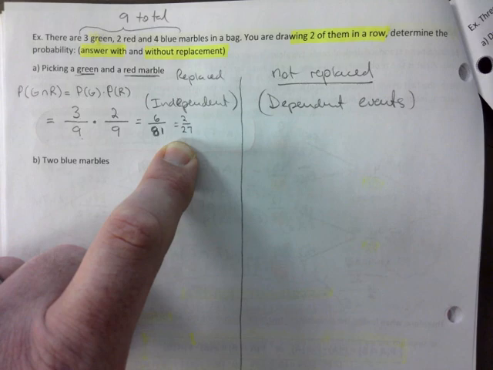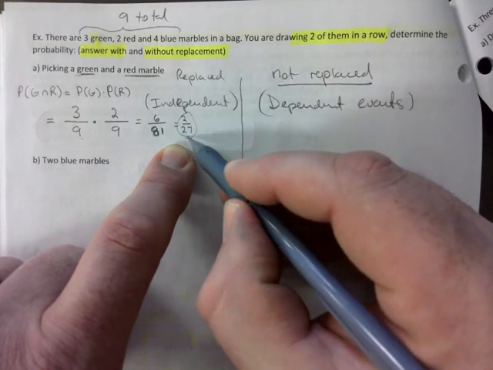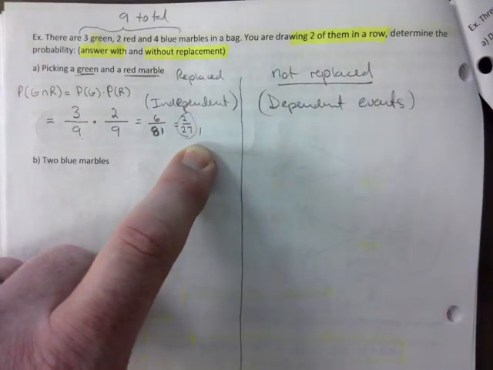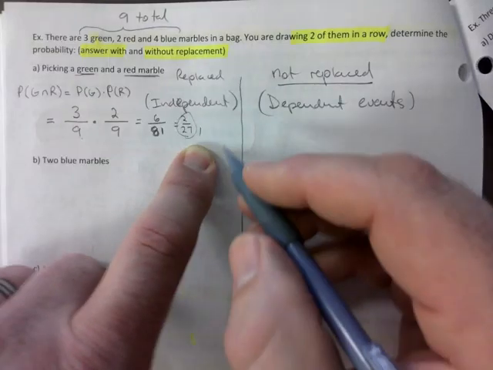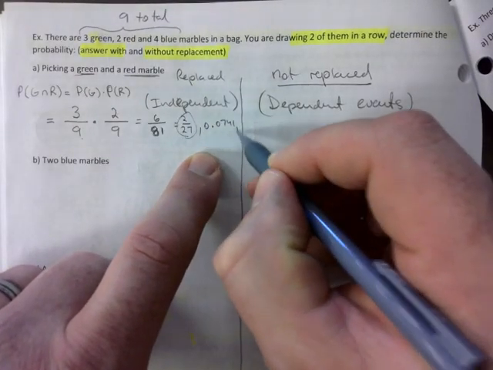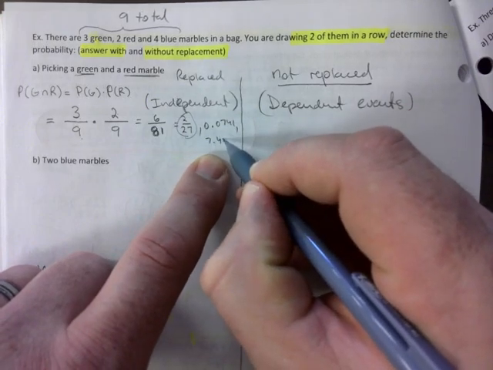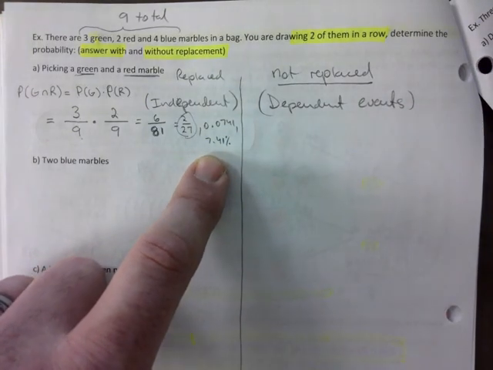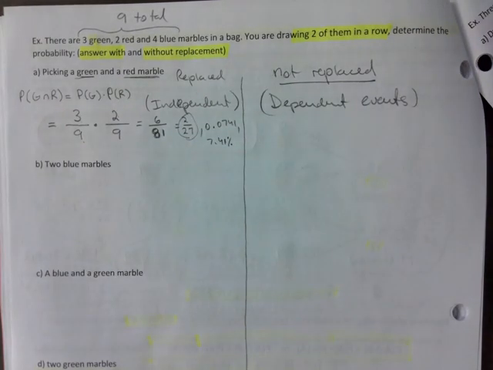Math 1, does that work? Yeah, 2 over 27, there we go. Or you can turn that into a decimal or percentage, right? 0.0741 or 7.41%. But 6 over 81 technically would have answered the question. Okay.